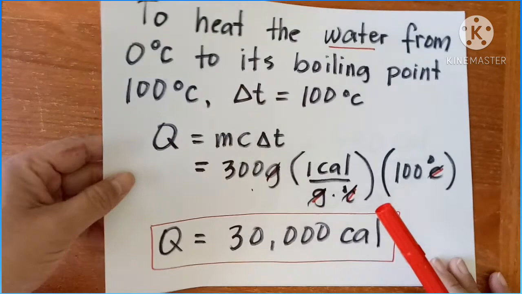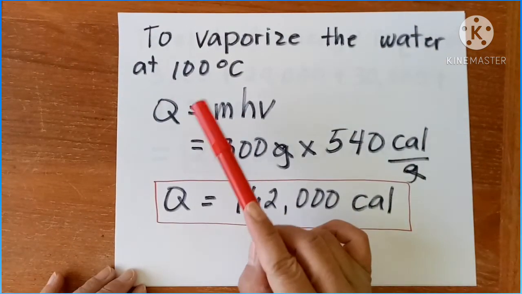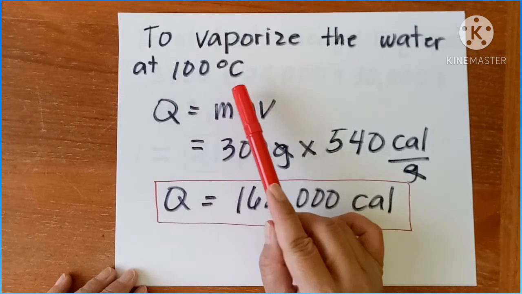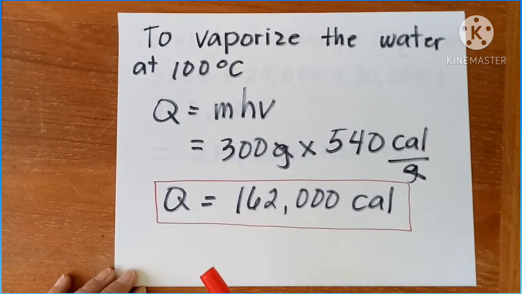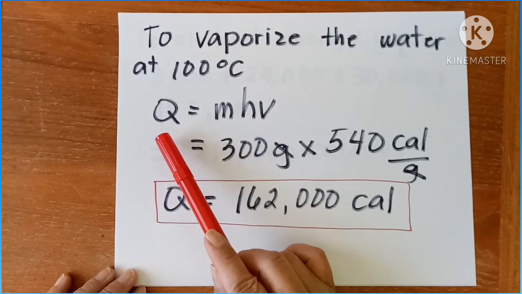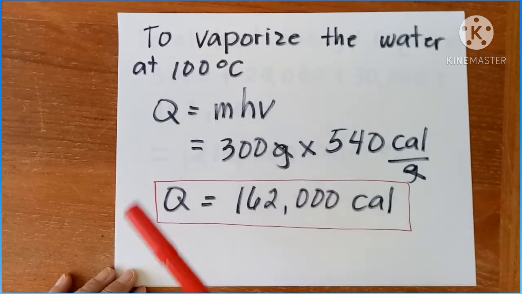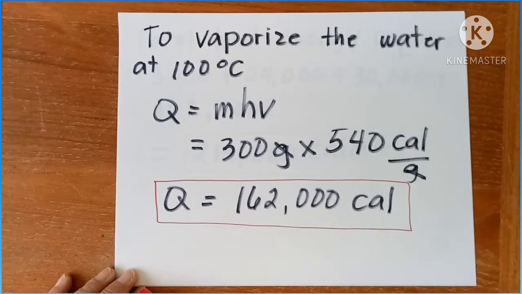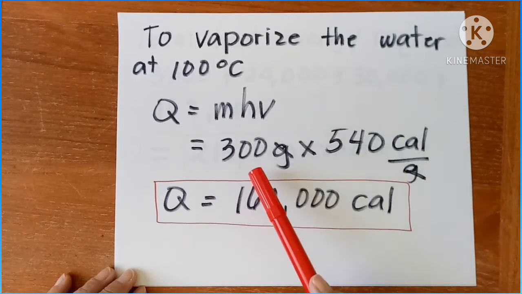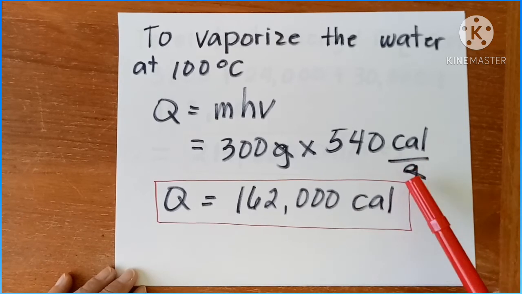So next, we are already on this stage, we need to vaporize the water at 100 degrees Celsius. So to vaporize the water at 100 degrees Celsius, we'll be using this formula. Q equals M times HV. Q again is the heat, M is the mass, HV is the heat of vaporization. So the mass is 300 grams, the heat of vaporization is 540 calories per gram.